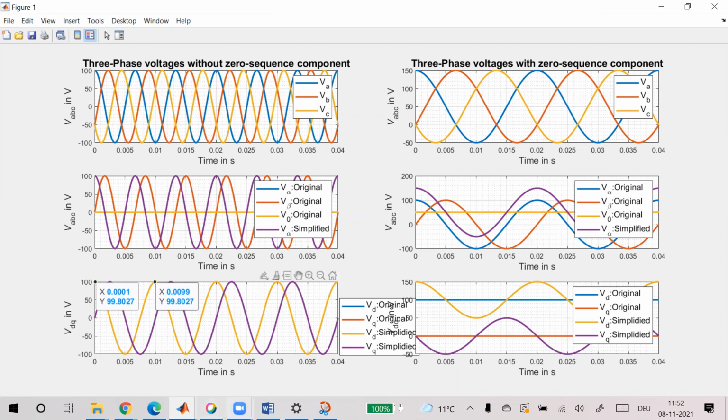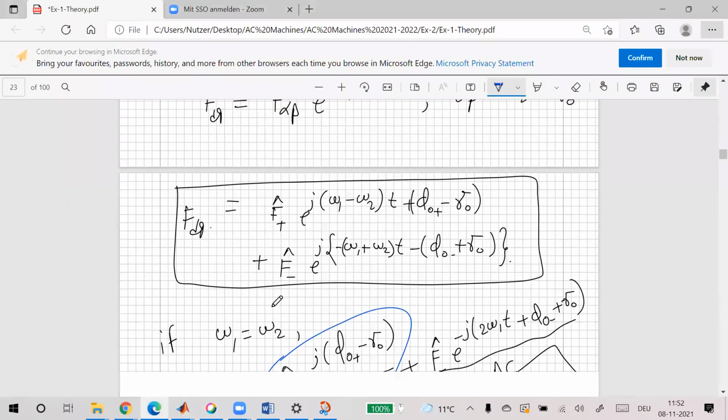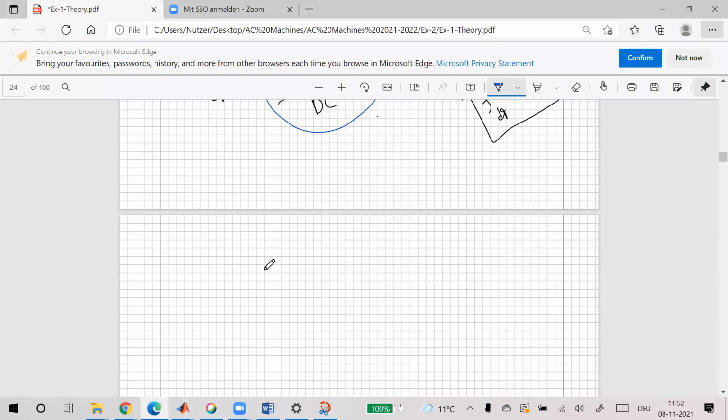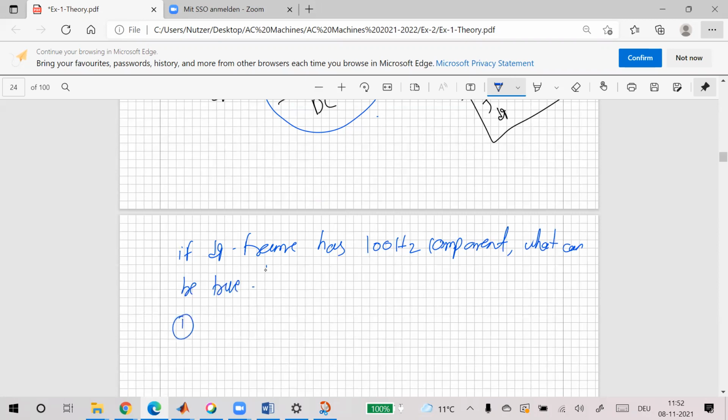So the question is, if DQ frame has 100 hertz component, what does it mean, what can be true? Let me give you options. Option A, VABC has 150 hertz component.